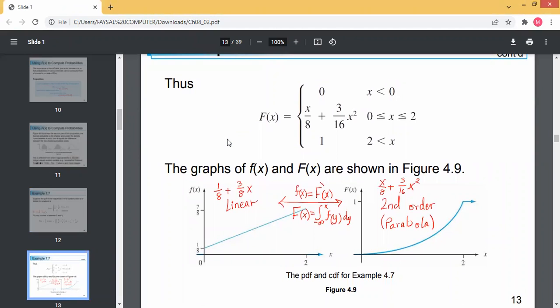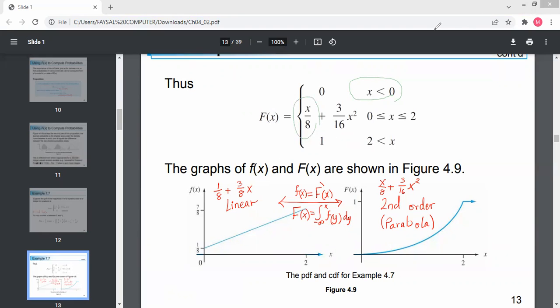Now moving towards the graph. When x is less than 0, it will be 0. So at 0 it will be 0, and it will be a linear graph showing x upon 8.